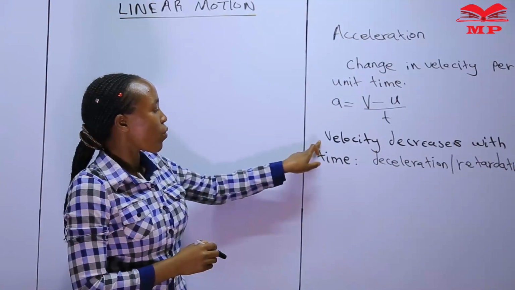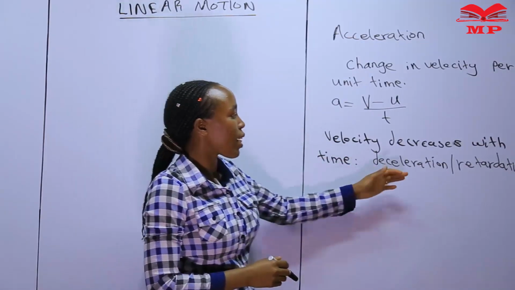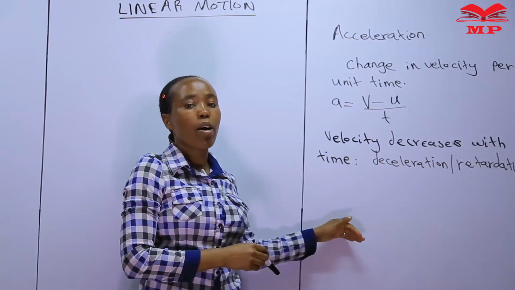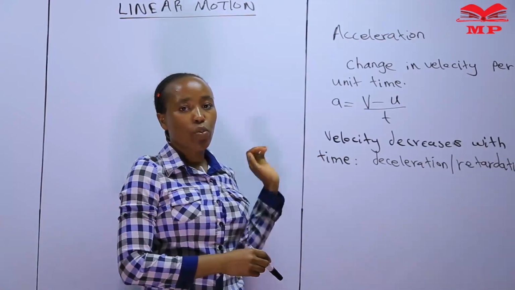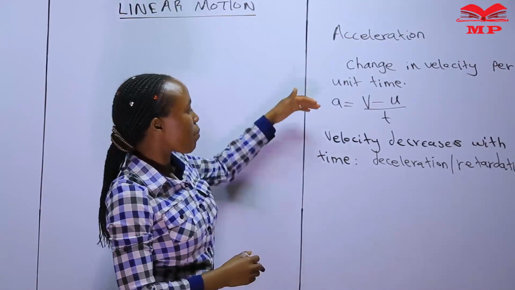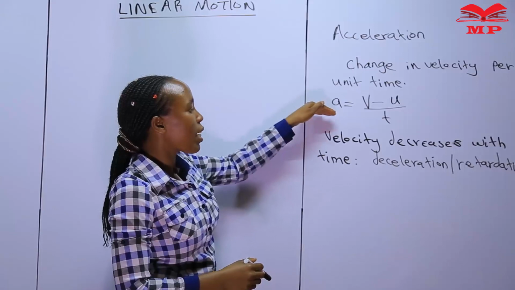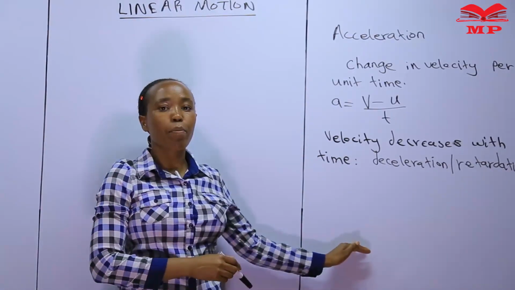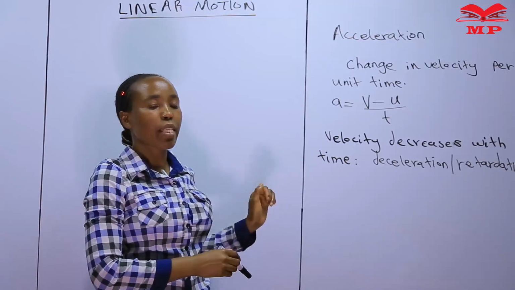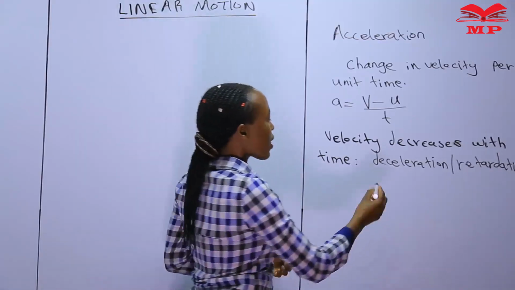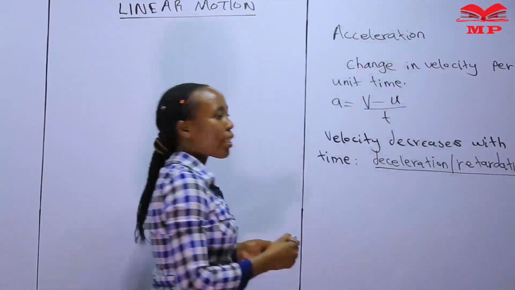That is for a body moving with a velocity that is decreasing with time for equal intervals of time. For example, the velocity going from 40 meters per second and then decreasing to rest, that is 0 meters per second, then we say that there is deceleration or retardation.